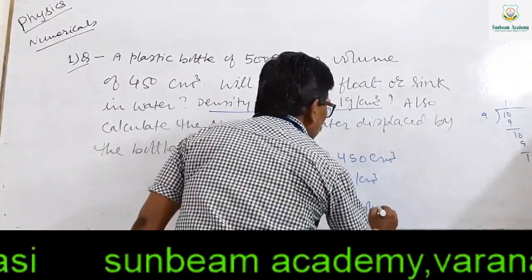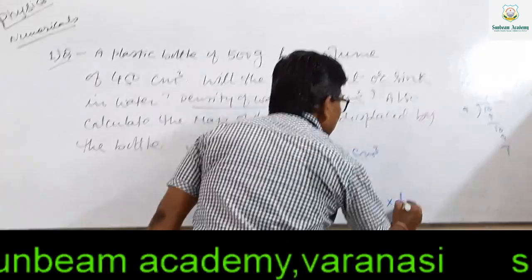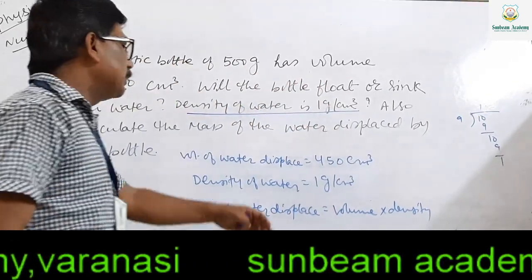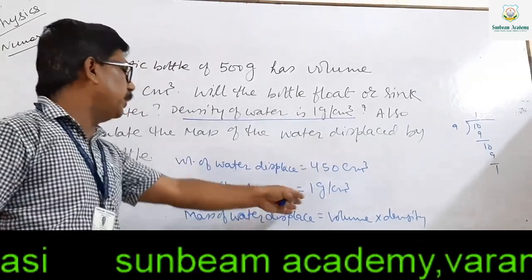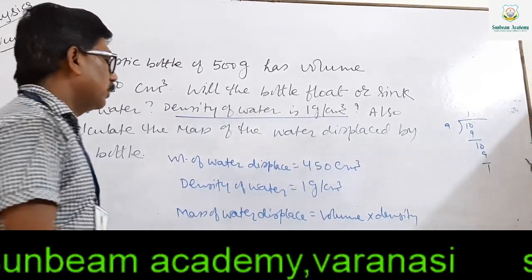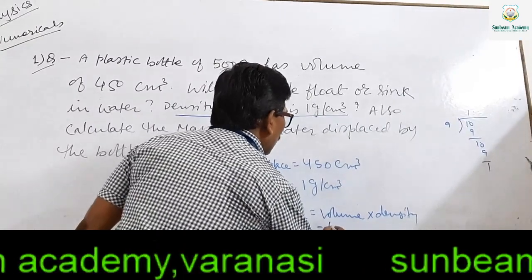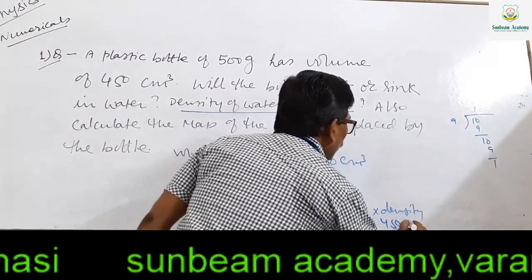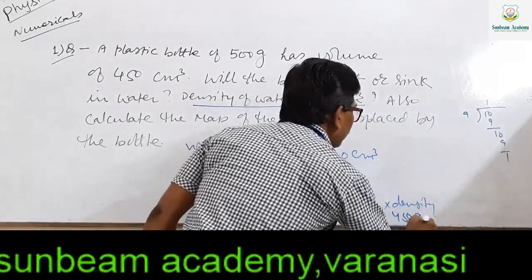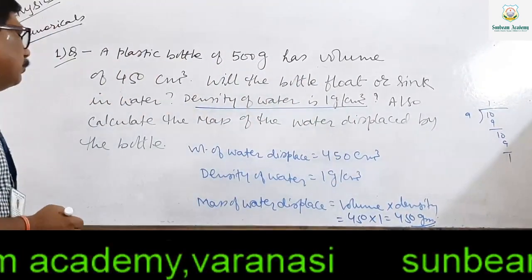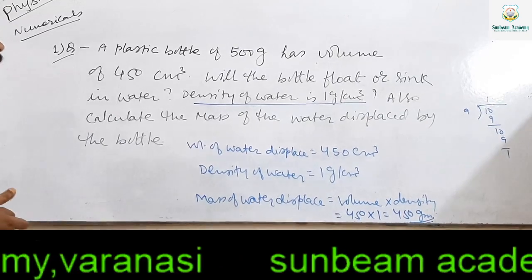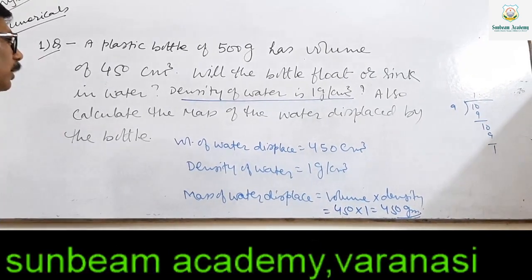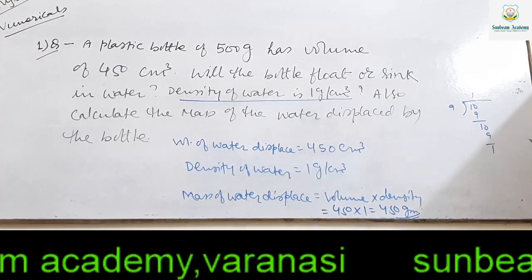Volume into density हो जाएगी. Volume of the water displaced into density of the water. That will be how much? 450 into 1, that is equal to 450 gram. Mass of the water displaced will be how much? 450 gram. So this is the second part of this numerical.